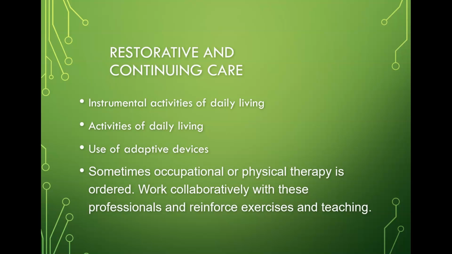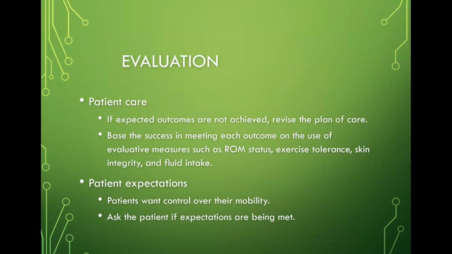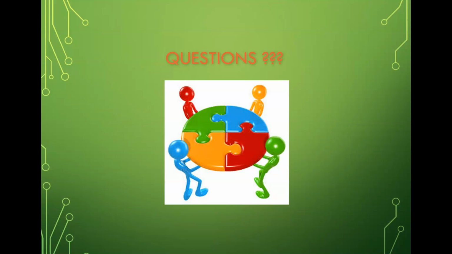And sometimes it's really good to get occupational or physical therapy there in the home to reinforce exercising and teaching as well. So at the end, you're going to evaluate if what you planned was getting better and if their mobility is getting better, and that's it.